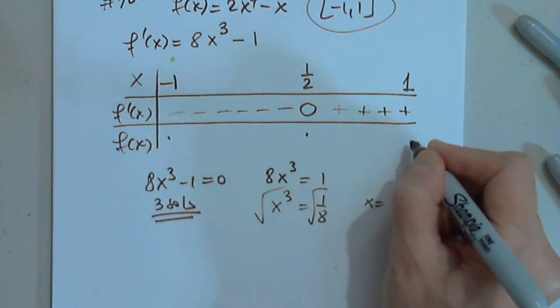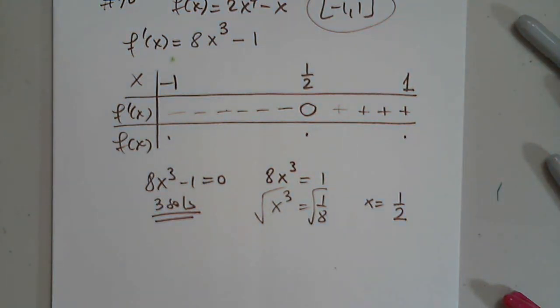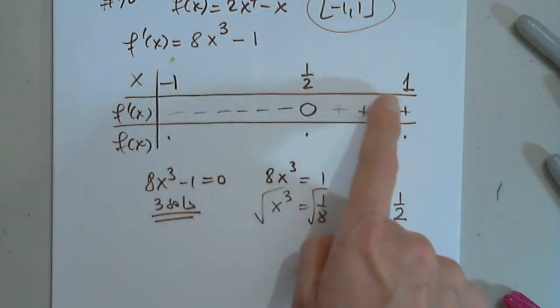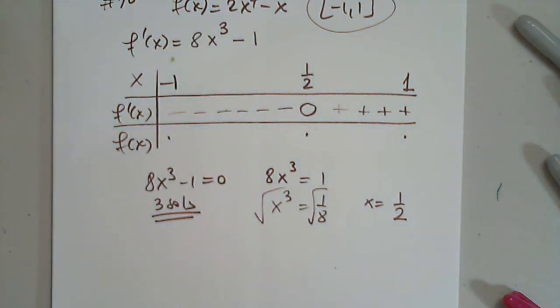I need to determine these 3 numbers. So I plug in the original function and plug in negative 1, 1/2, and 1. I plug that in the graphing calculator. Here's my calculator. Go to y equals, clear everything you have. And we have 2x to the fourth minus x.